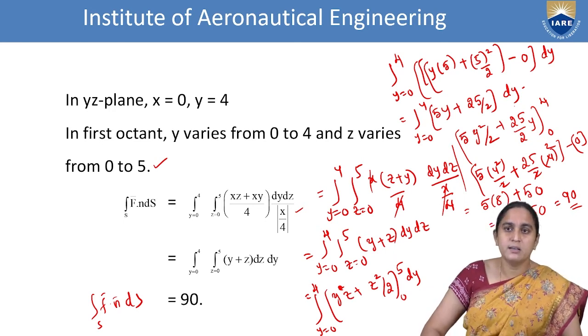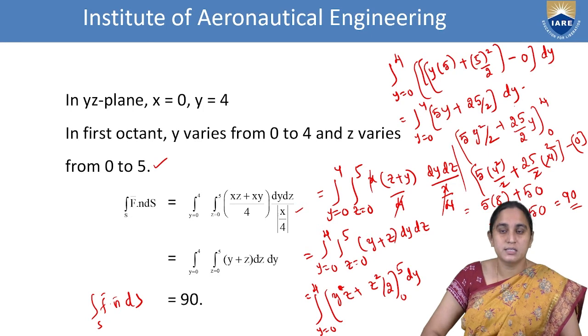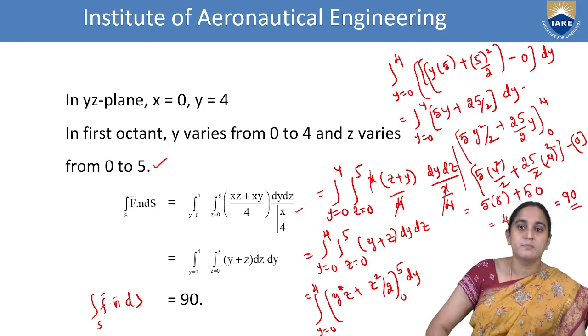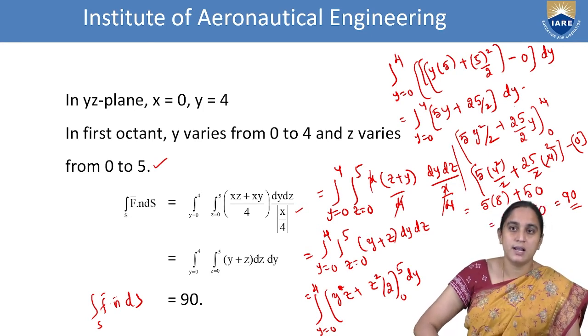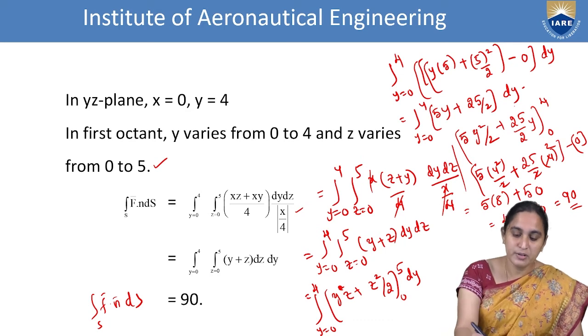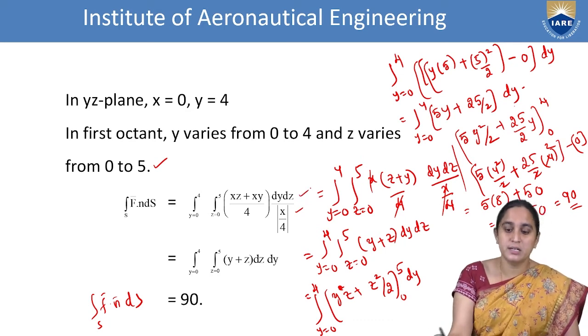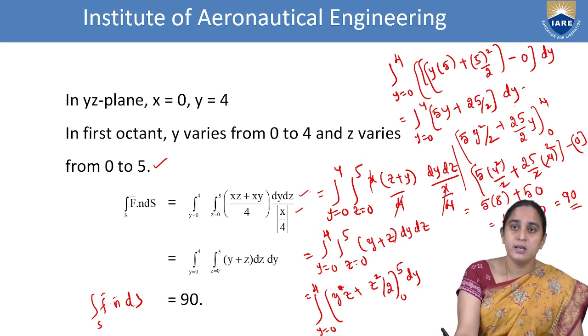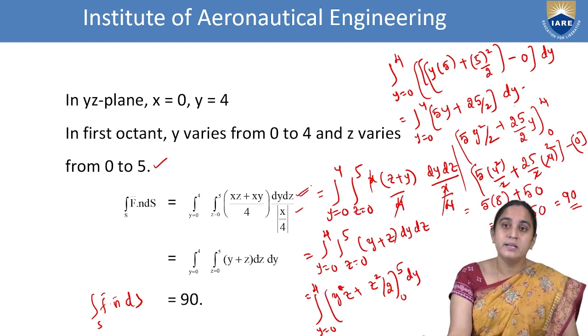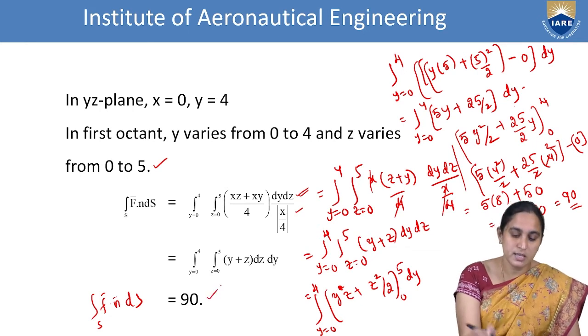Whether we take yz or xz, we get the same answer. That's the first question, the answer is 90. If you have any doubt with respect to dy dz, I'll calculate it with dy dz. If you want, you can calculate it with dx dz, and you get the same answer.